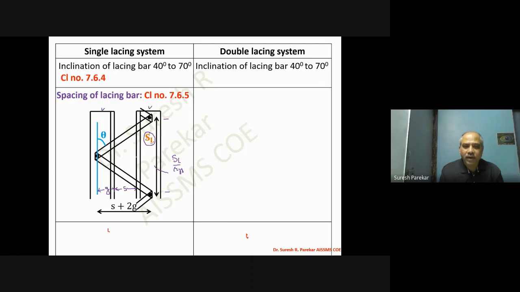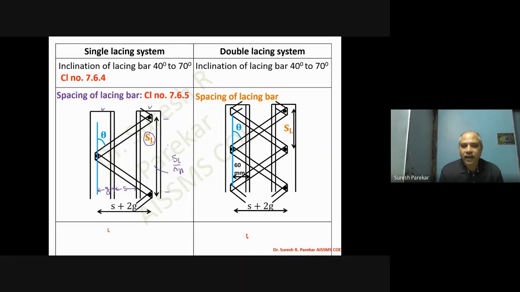This we have for single lacing system. For double lacing, the SL value, or unsupported length of the individual channel, we are going to get as half of this. So this will be exactly half compared with this.